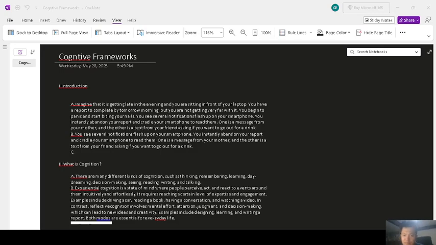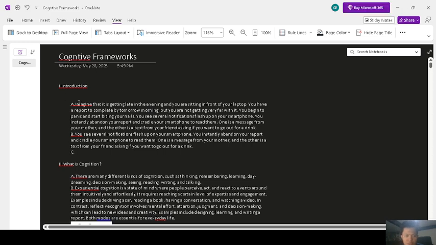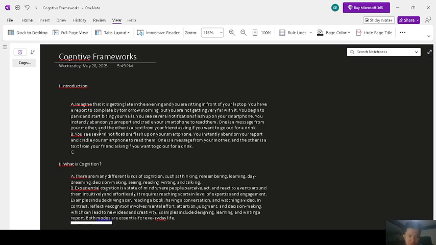Welcome back, everyone. So, we will continue with another important part of human to computer interaction, which is cognitive frameworks. Cognitive frameworks is the one we were talking about before.